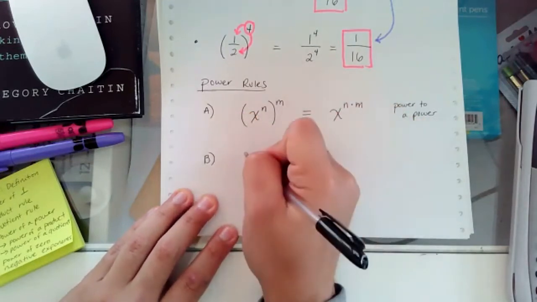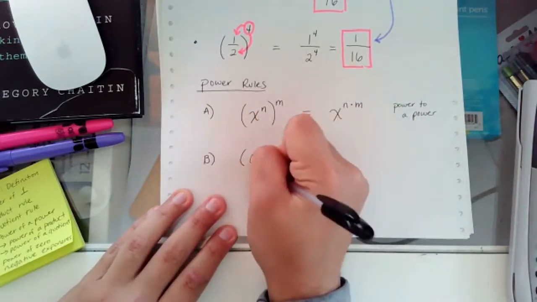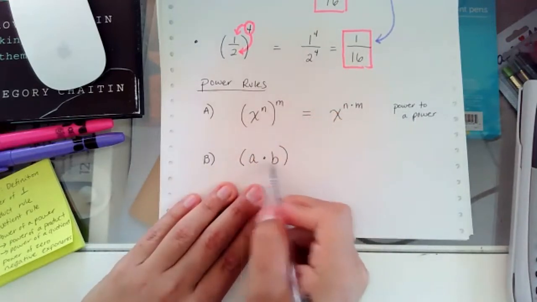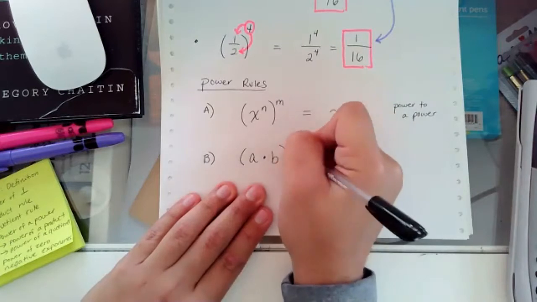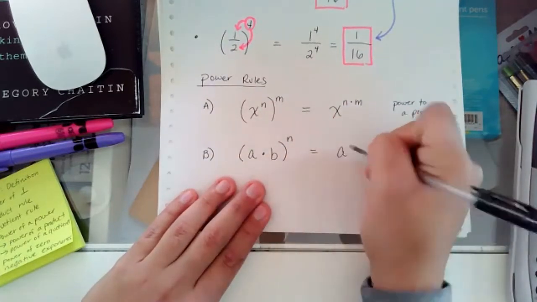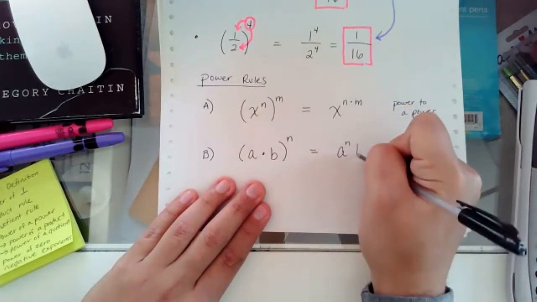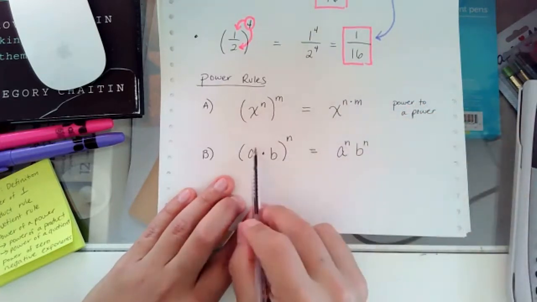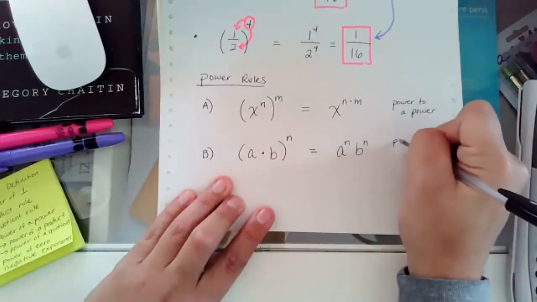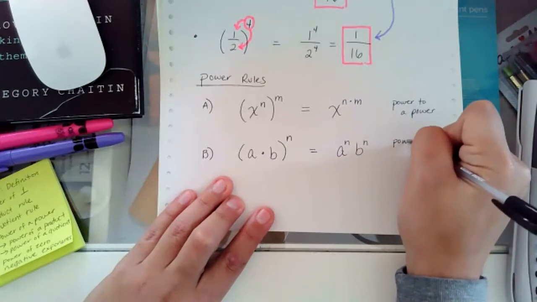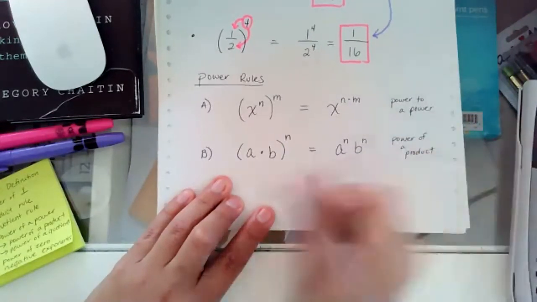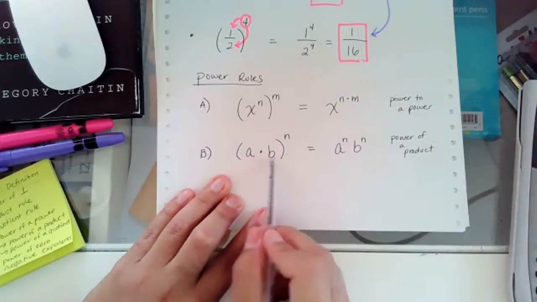We found that if we have, let's say, a times b, two or more things inside the parentheses raised to a power, that we can write that as a to the nth power, b to the nth power, that they both get that power. And this is a power of a product because we're multiplying the stuff inside the parentheses.